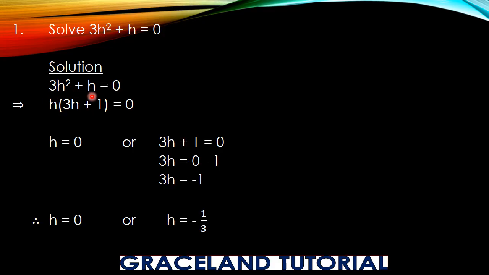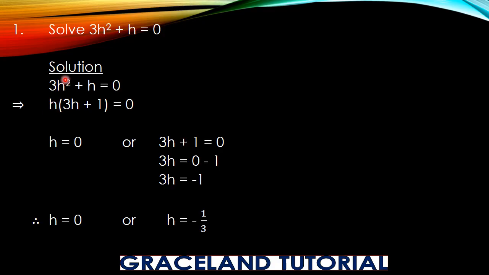Now, what is common in both? What is common in 3h squared and in plus h? What is common there is h. So h will be outside the bracket. Then h in 3h squared is going to be 3h. For instance, look at it.